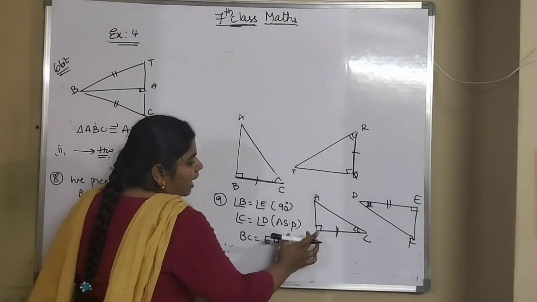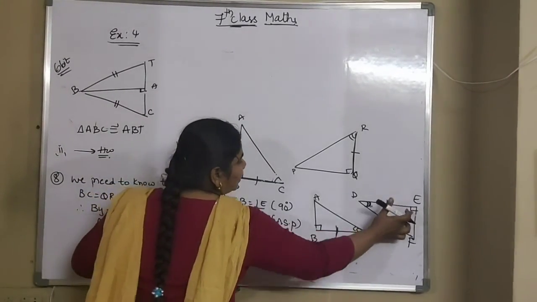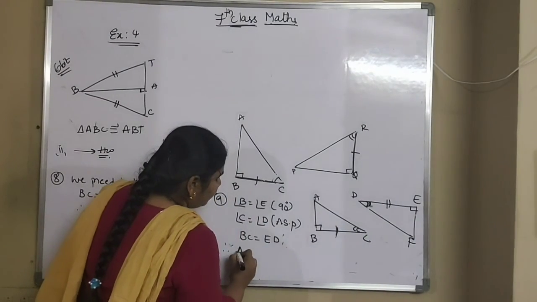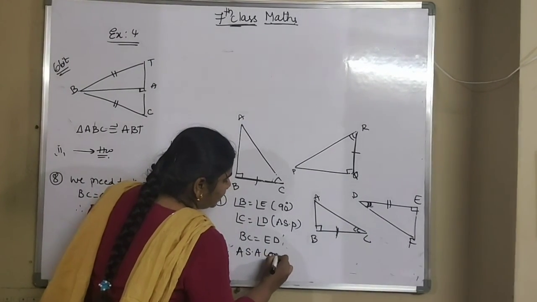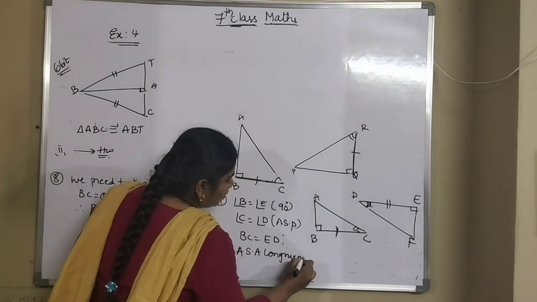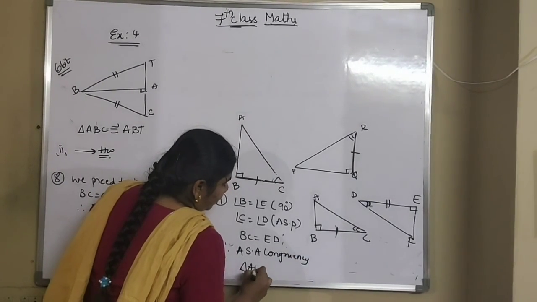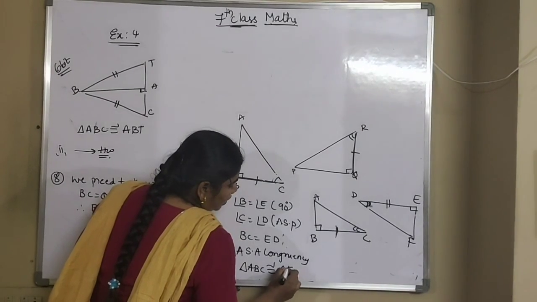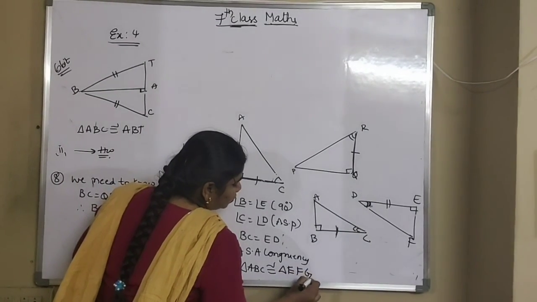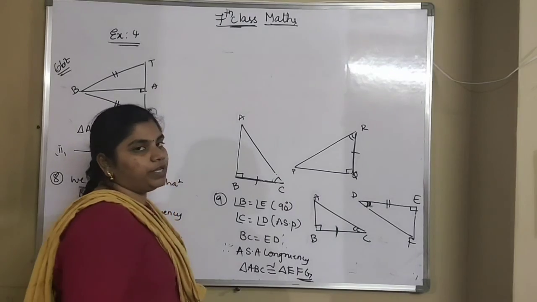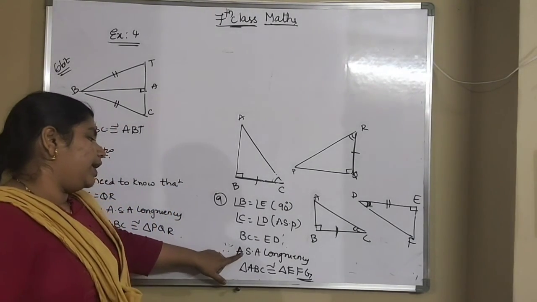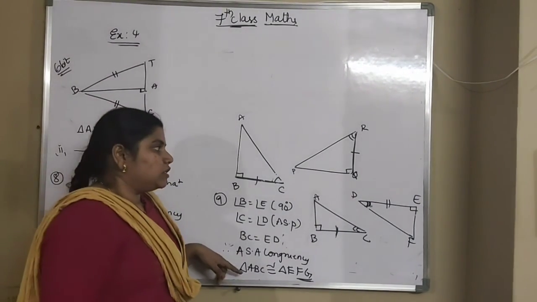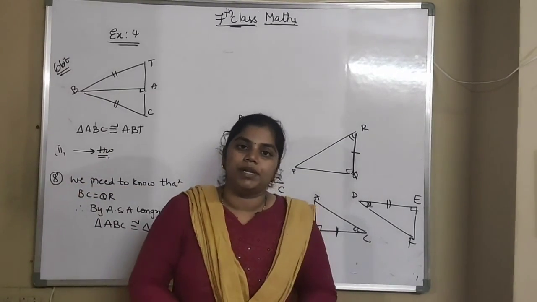By using angle side angle. So by ASA congruency, triangle ABC is congruent to triangle EFD. So these two triangles are congruent to each other by ASA congruency. So with this, our chapter is completed. Thank you.